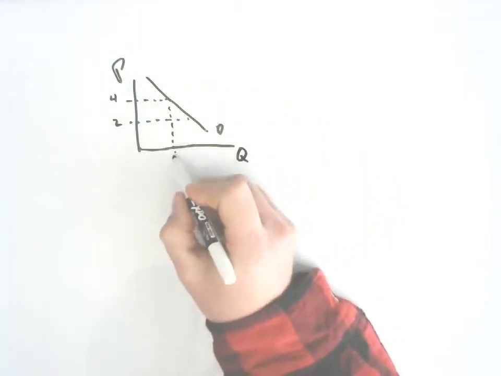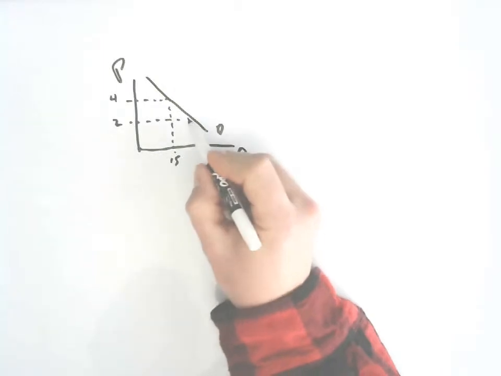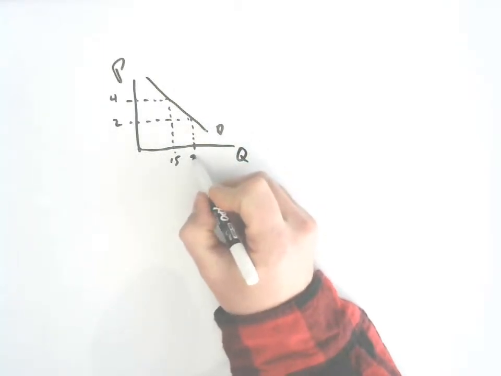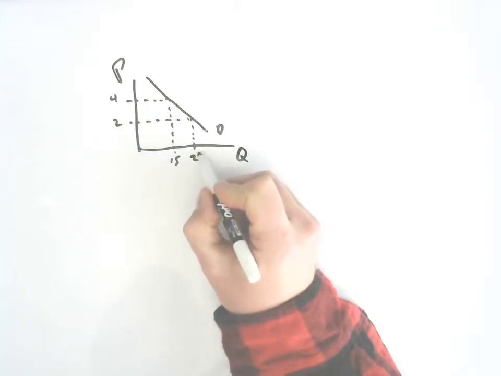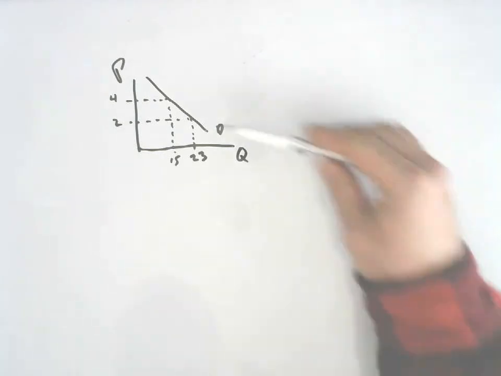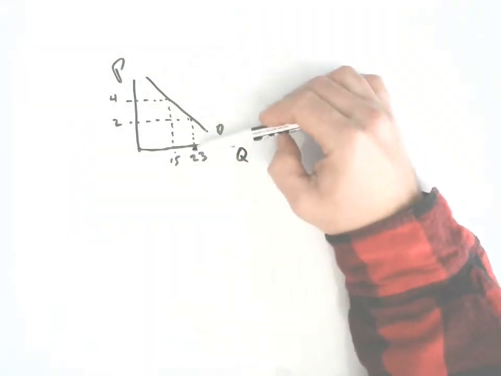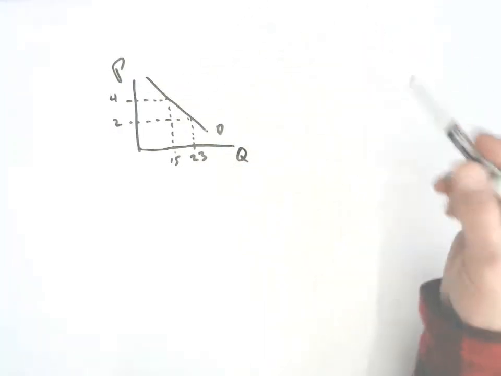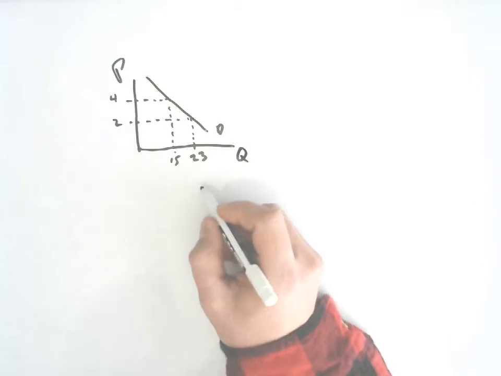Corresponding quantity, say, is 15, and corresponding quantity is, say, 20. Let's make it odd. Let's make it hard. Say 23. So at a price of $2, 23 units are demanded. At a price of $4, 15 units are demanded. So let's employ the midpoint formula.